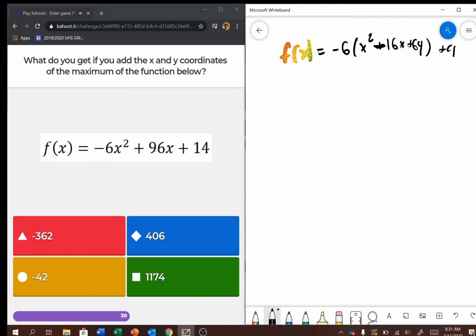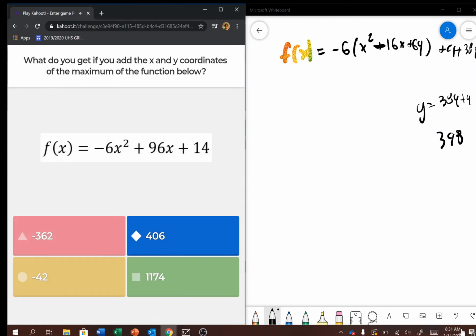Yikes. I know this is going to be positive. 64 times 6 is 384, so I have to add 384 here. So the y coordinate is 384 plus 14, which is 398, and then the x coordinate is 8, so 406.